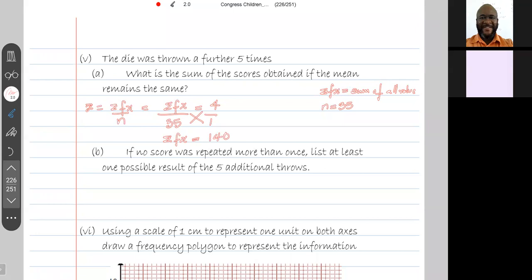One more time. The first 30 throws, the sum of the score was 120. The die was thrown an additional 5 times, and now the sum is 140. Here's what I'm asking.